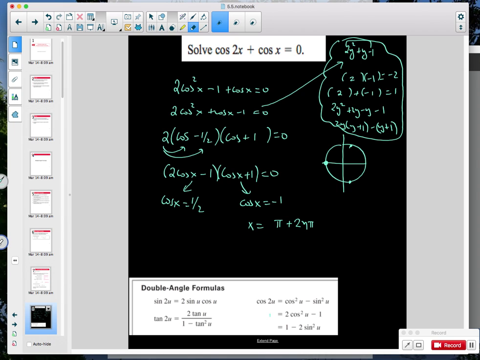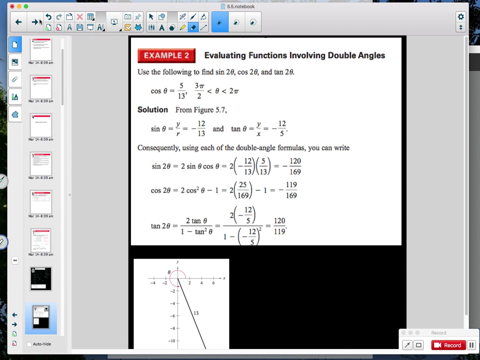So I have 3 answers altogether. x equals pi over 3 plus 2 pi n, or x equals 5 pi over 3 plus 2 pi n, or x equals pi plus 2 pi n. Infinite answers. Are we alright with all this? Amr, Jessica, and Katu? Yes. Good, excellent. So let's move on.